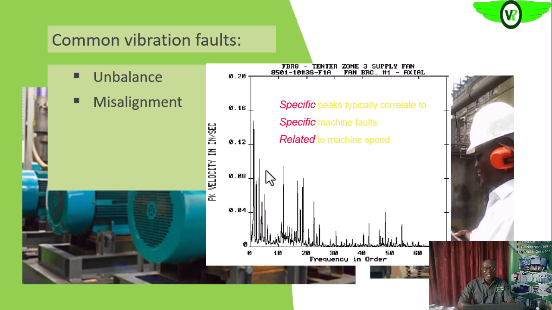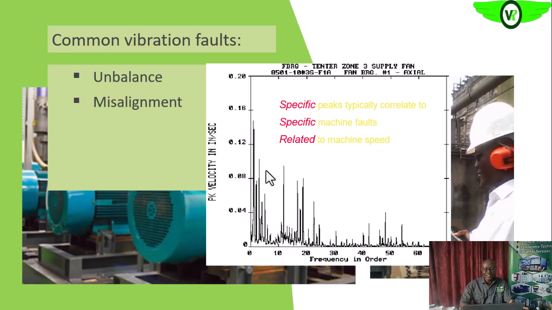Remember, we said if we are not too clear as to the fault condition that is causing that significant peak, we can carry out phase analysis to determine if it is actually misalignment. In phase analysis, we use a multiple channel analyzer and take axial readings of both ends of the shaft, the inboard of both equipment, the driver and the driven.